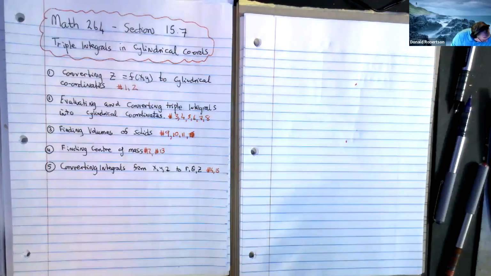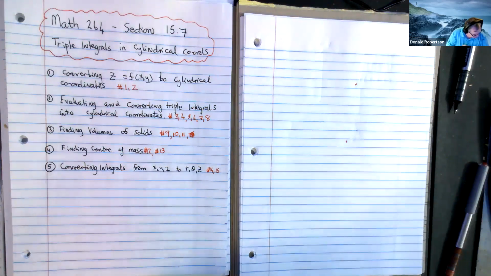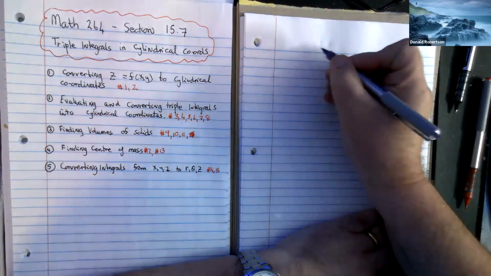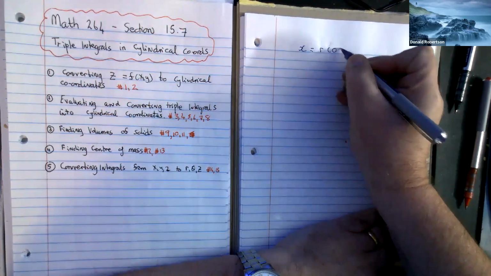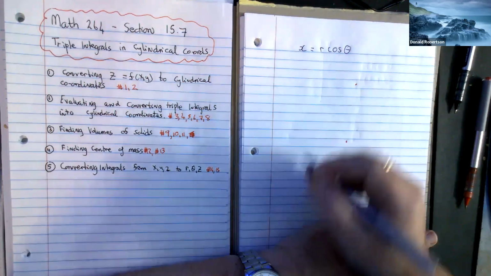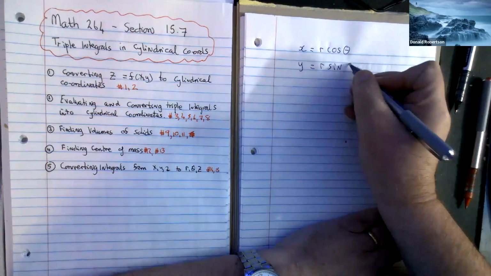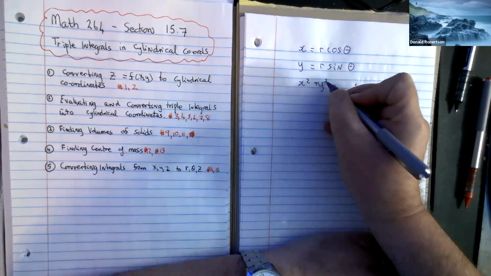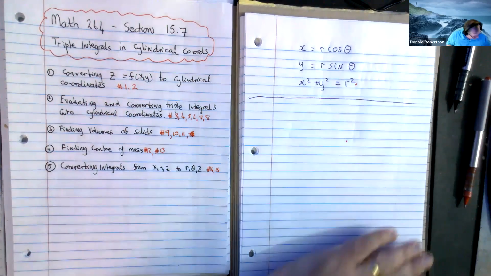So to remind you of some formulas from way back in the day, x is r cos theta, y is r sin theta, and x squared plus y squared equals r squared. They're all very useful.